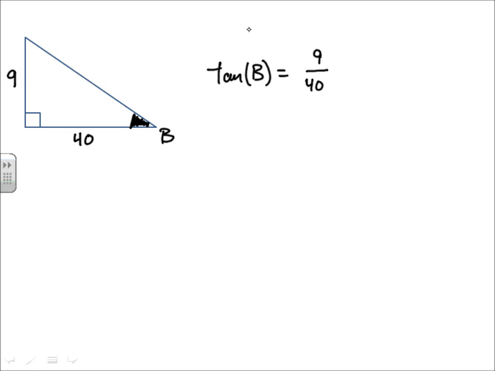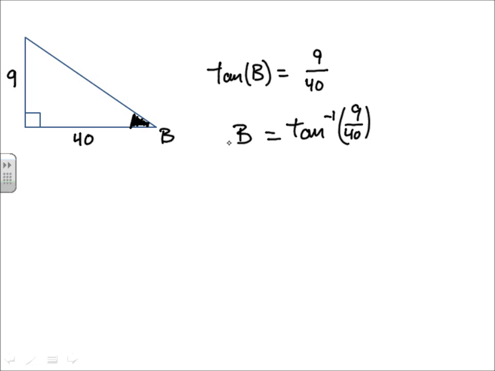So again, on each side of this equation, I am now applying the inverse tangent function. When I apply it to this side, I get just angle B. And notationally, on this side, it looks like this: the inverse tangent of what I had, which was 9 over 40.